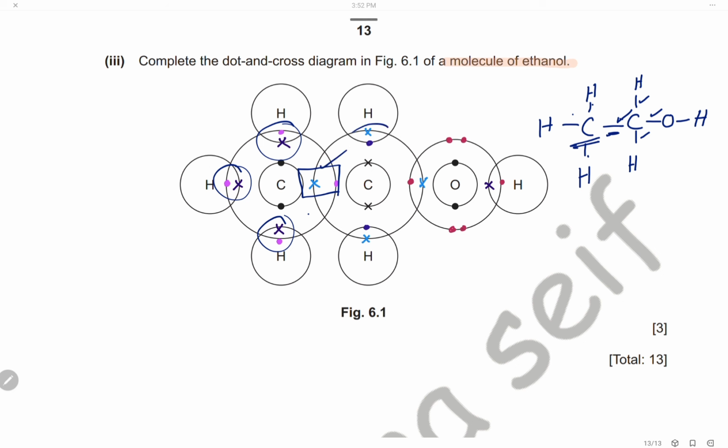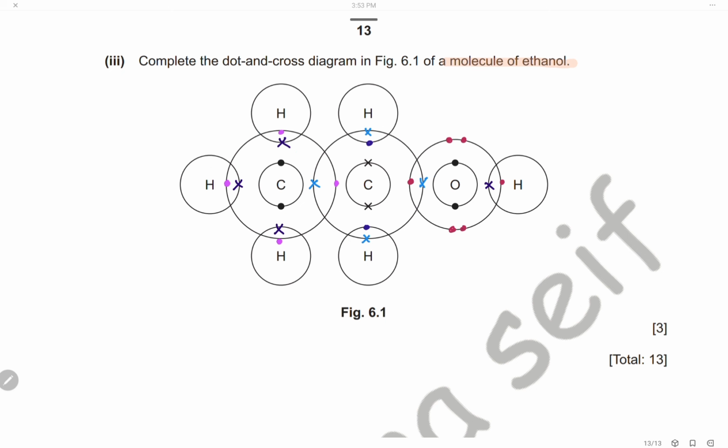Now we have 1, 2, 3, 4 shared pairs for carbon, and oxygen will have only 2 shared pairs, one with this carbon and one with hydrogen. To complete the outer shell of oxygen, we have to draw 2 lone pairs. Now the outer shell of oxygen has 8 electrons, and we have 2 electrons in each outer shell for hydrogen. This is the complete dot and cross diagram for a molecule of ethanol.